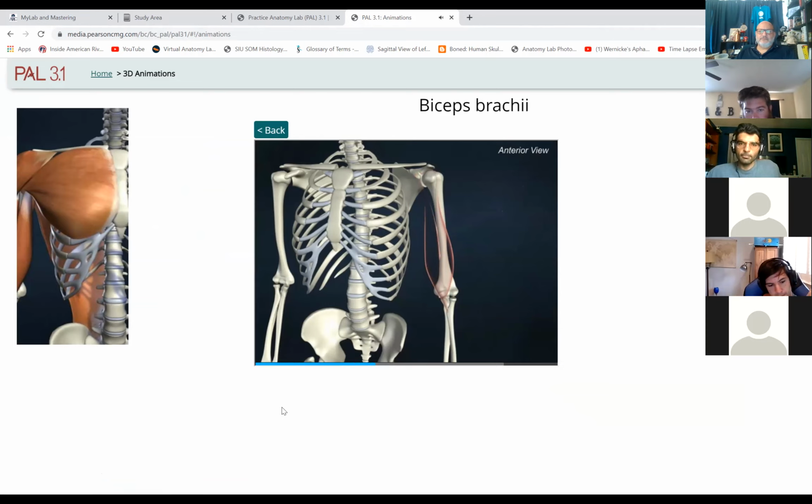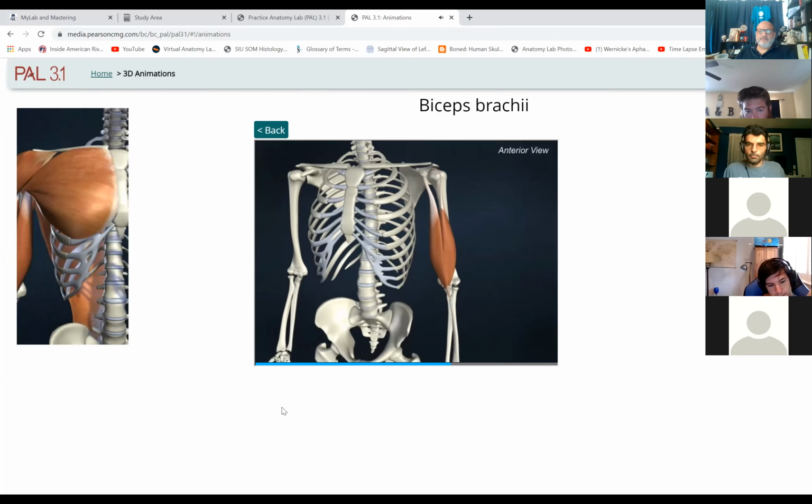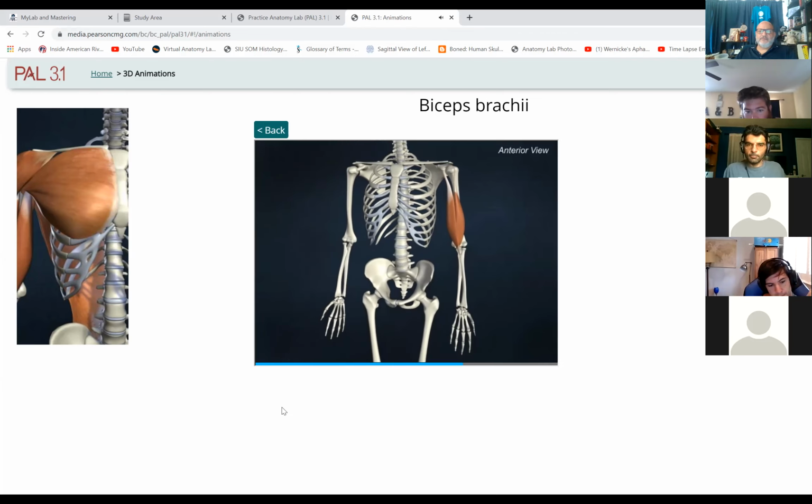The two heads insert by a and by the bicipital aponeurosis, which blends with the deep fascia on the medial aspect of the forearm. Biceps brachii flexes the forearm at the elbow, supinates the forearm, and weakly flexes the shoulder. It is innervated by the muscular-cutaneous nerve.